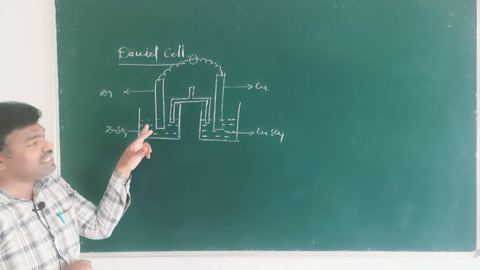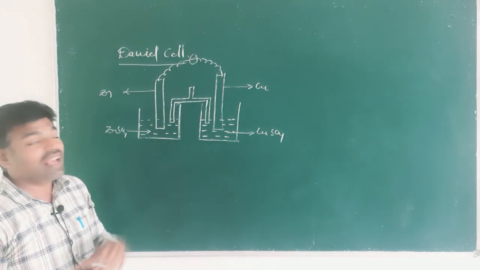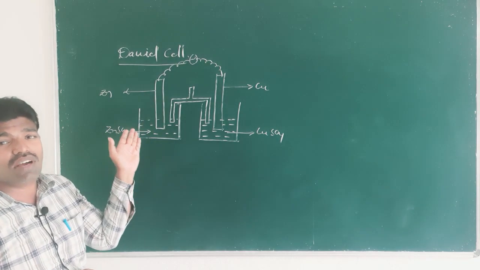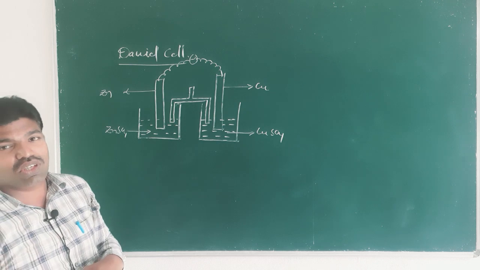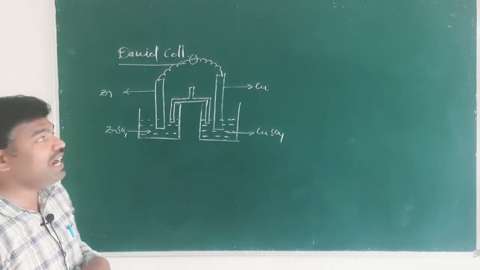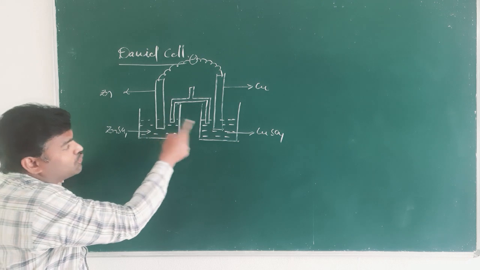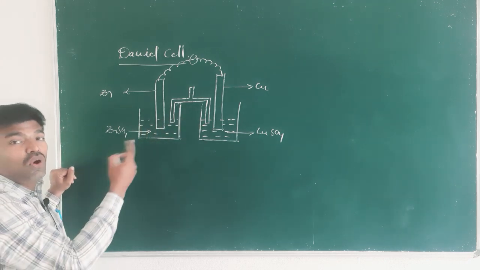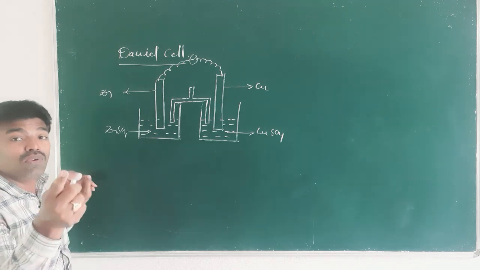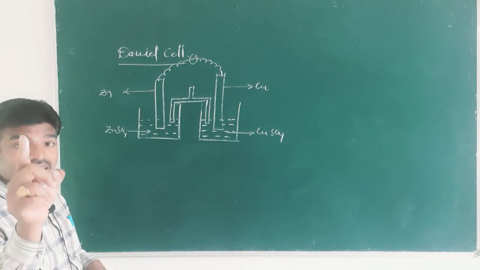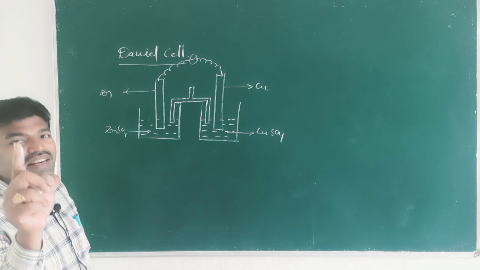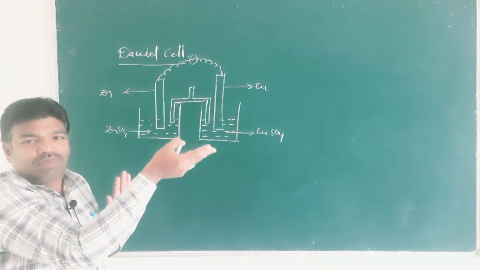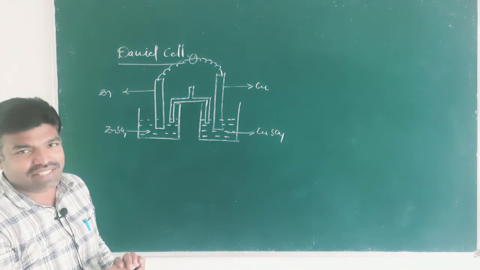The Daniell cell is a source of electricity, and as soon as the circuit is completed, there is a flow of electrons, a flow of current, accompanied by chemical reactions, because here chemical energy is converted into electrical energy.